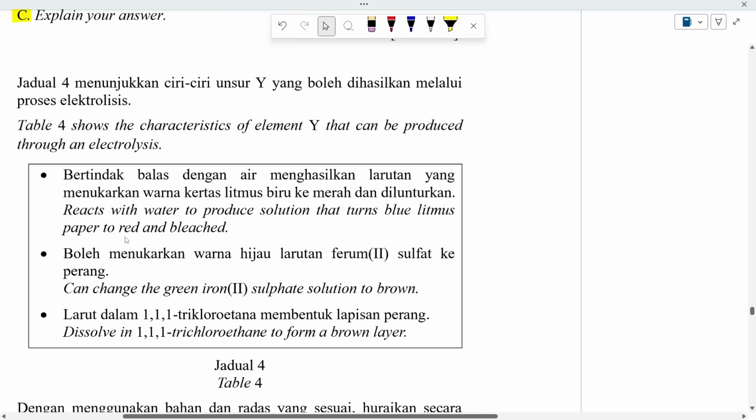The first one, it reacts with water to produce a solution that turns the blue litmus paper to red, and then it will bleach. First, it turns blue litmus to red. We know it is acidic, right? Acidic, and then got the bleaching ability.